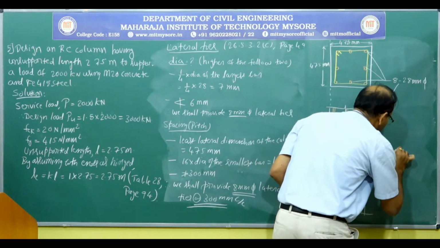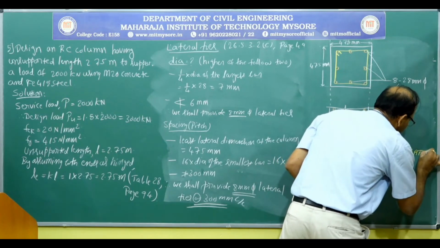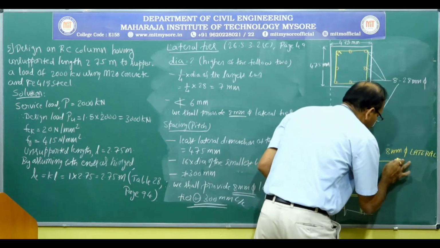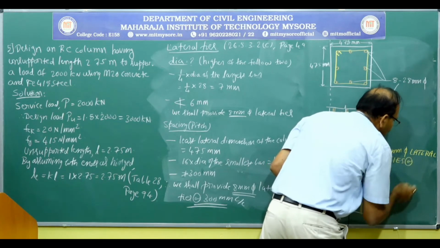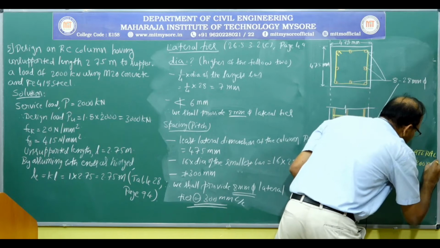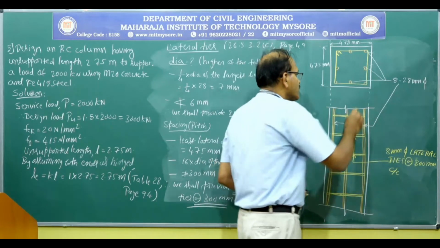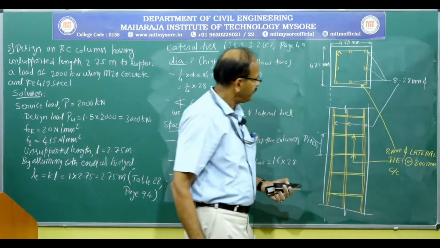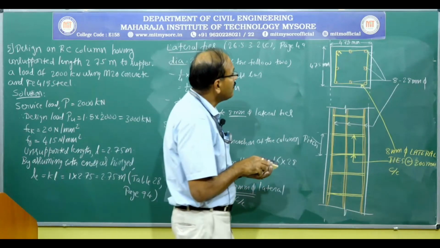So 8 mm dia lateral ties or transverse reinforcement at 300 millimeter center to center. So same thing here. Okay, so this completes the problem.